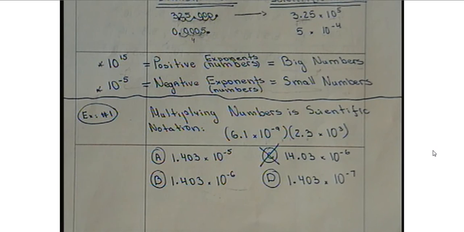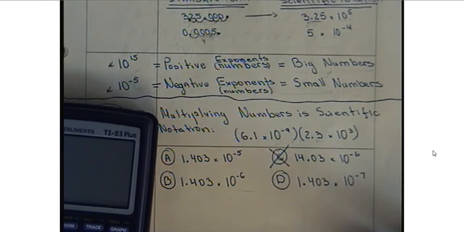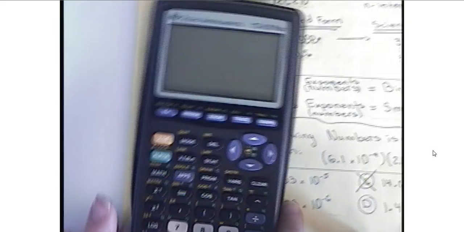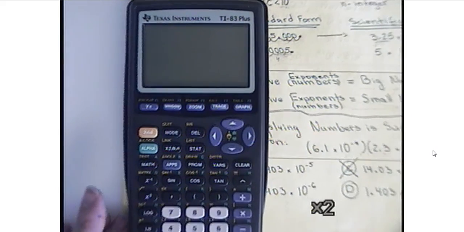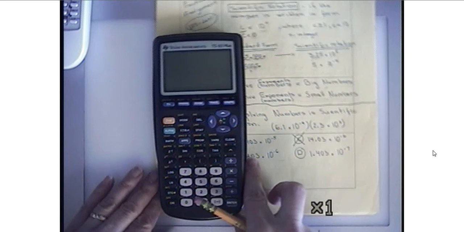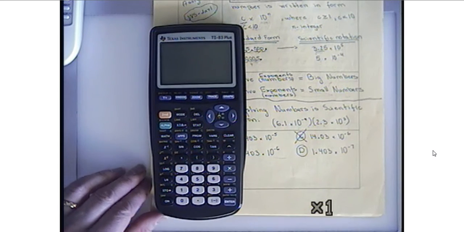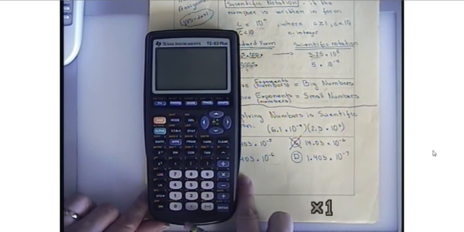Another new thing, before we start actually multiplying, I want to introduce you to a graphing calculator. The graphing calculator will be your tool that you're going to practice with during the whole MCA review, because this will be the model of calculator that you will be allowed to use on the test.